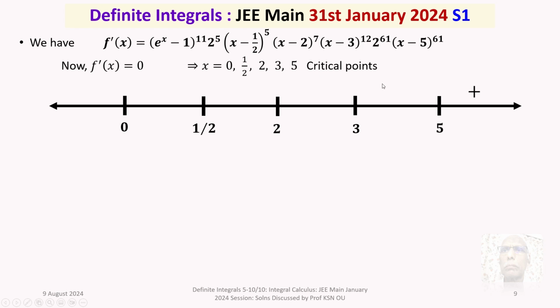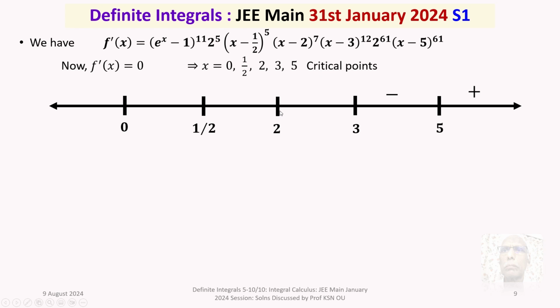Now take a value between 3 and 5. For a value bigger than 3 but less than 5, x minus 3 is positive, so positive to the power of 12 is positive, but x minus 5 is negative, and negative to the power of 61 is negative. So it is negative.